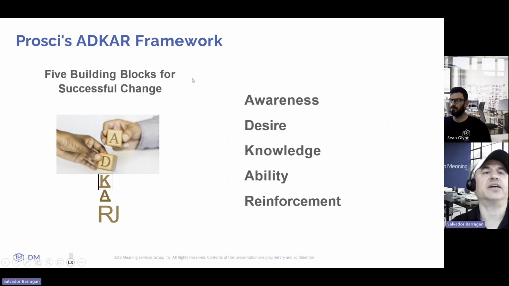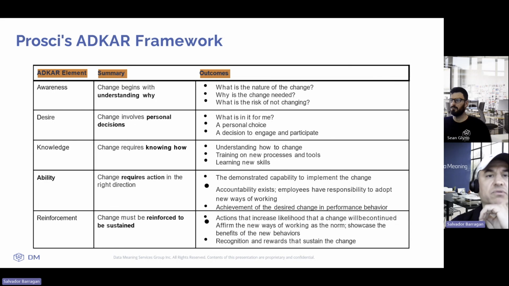As part of that framework, we have 5 building blocks for successful change that I'm going to introduce: awareness, desire, knowledge, ability, and reinforcement. Each of these is defined, but they also have outcomes you want to achieve. In awareness, you want to understand the why around it. What is the nature of the change?